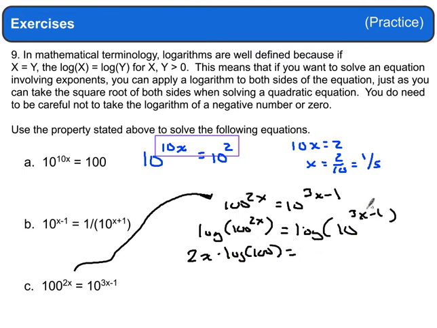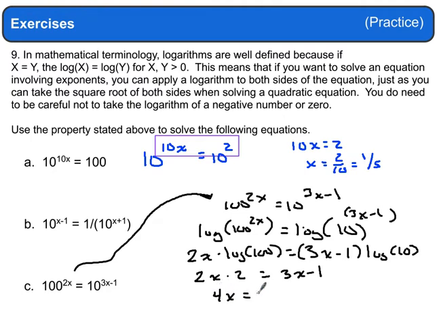We can move this to the outside, so you get 3x minus 1 and a log 10. That'll go away in a minute. So log 100 is 2, and then log 10 is 1. So you just end up with a 3x minus 1 on this side. So then you get 4x equals 3x minus 1. We subtract this. We find out that x is equal to negative 1.